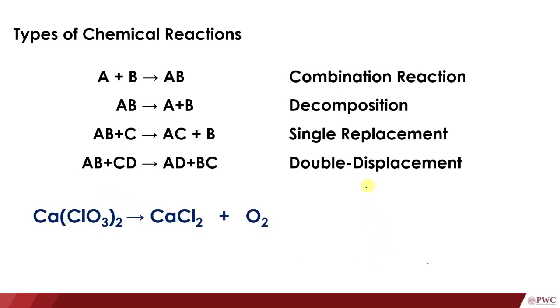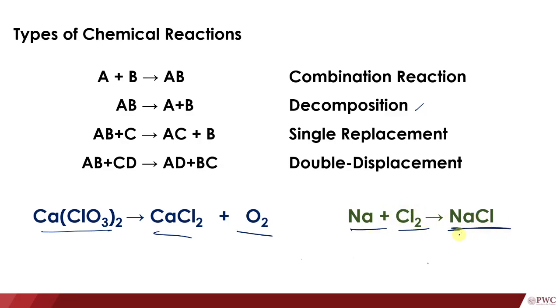Now let's try to identify what type of chemical reactions is represented by the following chemical equations. Here we have one compound breaking into 2 substances. This one is a decomposition reaction. This one we have 2 substances combining to form one substance.